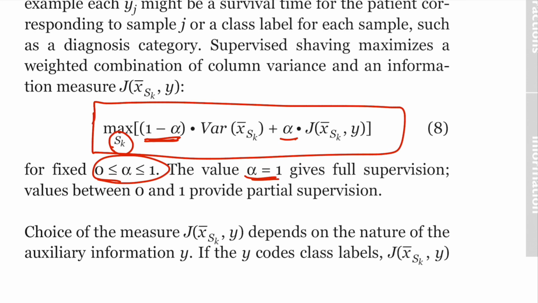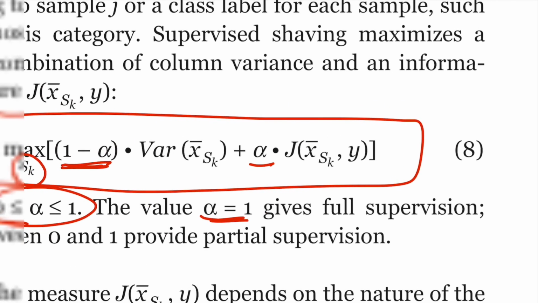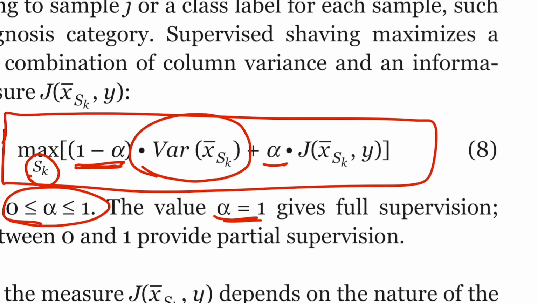The question is, when would you want to use this? The answer is when you want to find clusters of relevant genes with respect to a specific task. For example, patient survival, like how many months the patient is going to live, or you classify with respect to a specific type of cancer, breast cancer.